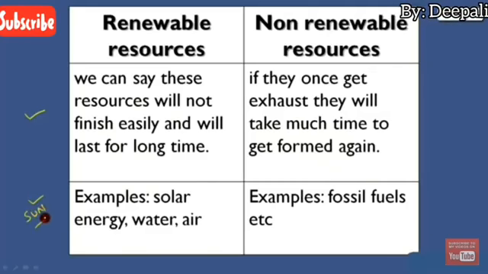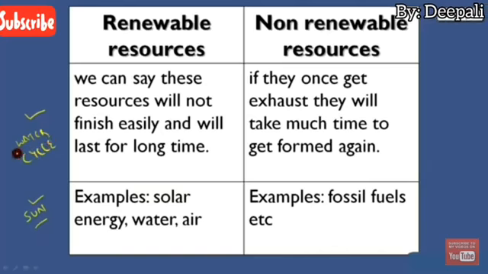Examples of renewable resources are solar energy that we obtain from the sun, water, air, etc. These resources actually replenish themselves.